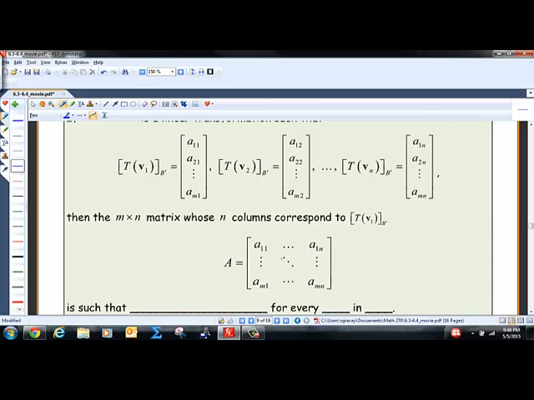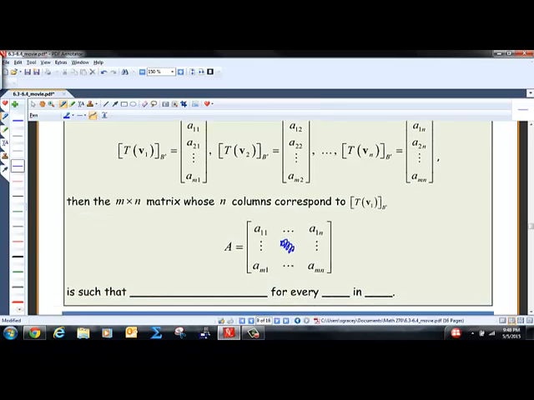And again, I don't think we should have had these dots, so let me take those out. So that's going to be such that T at V relative to B prime is equal to A times V relative to B, my bad, to B. All right, and that's for every V in the vector space V.